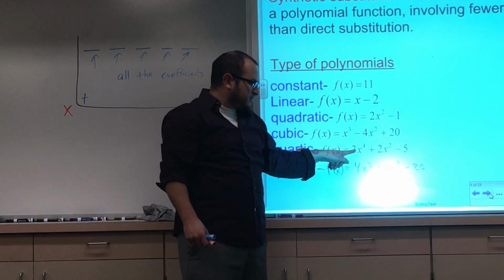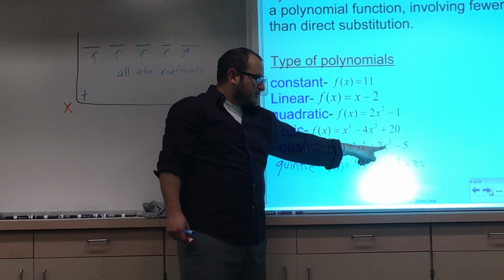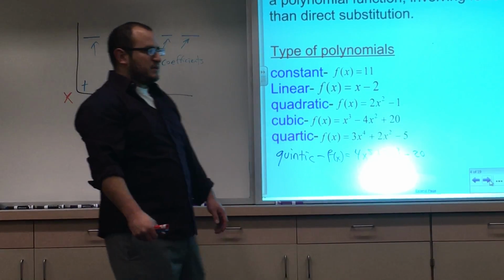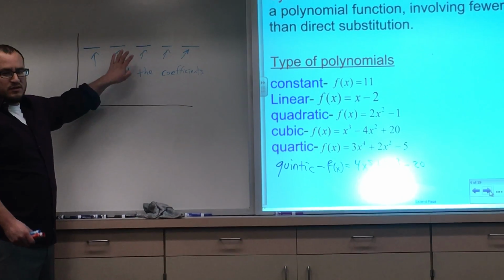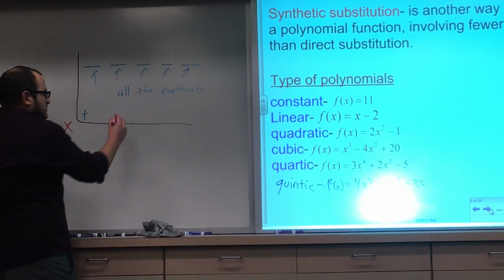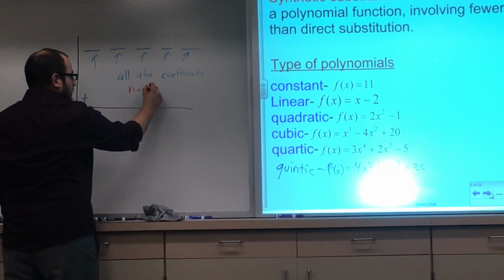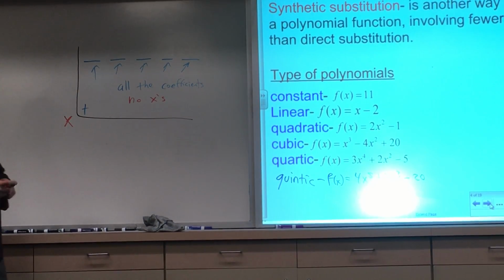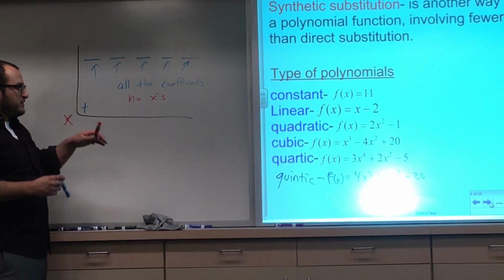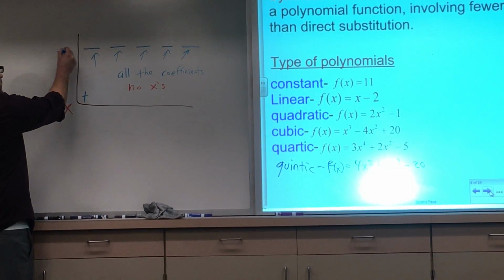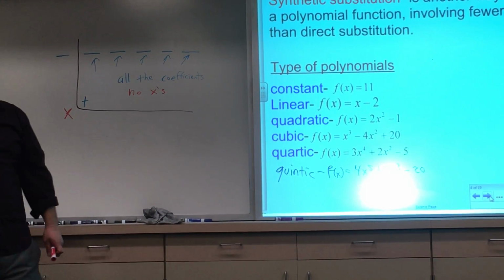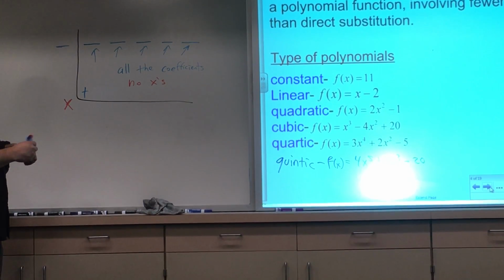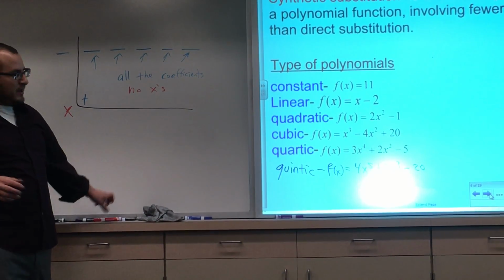For this one, the coefficient for x to the 4th is 3, for x squared is 2. The coefficient here is -5. That's what coefficients mean. Those numbers go up here. X's do not go here, so I don't want to see any x up there. Simply numbers. Whatever you are substituting goes out here. And I'll explain the process as we do an example.